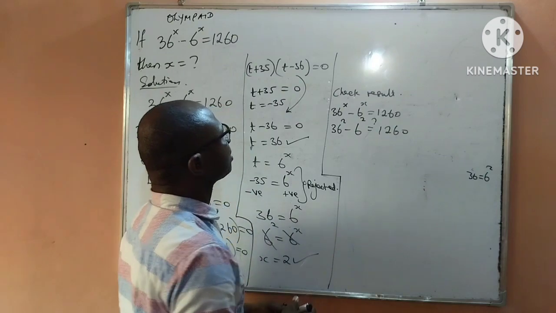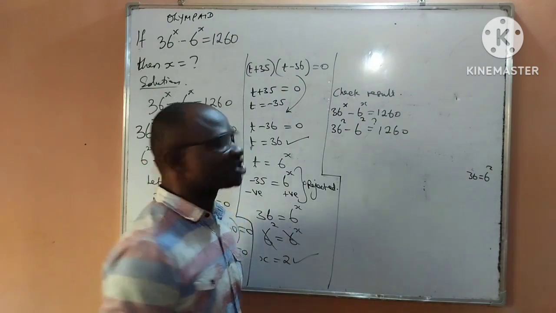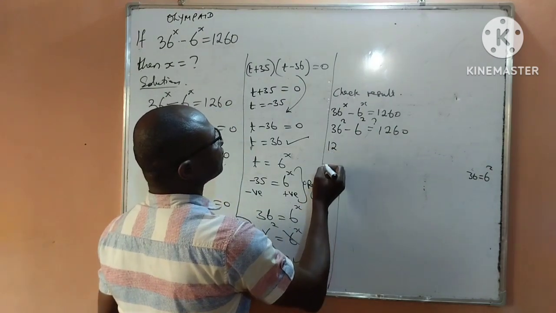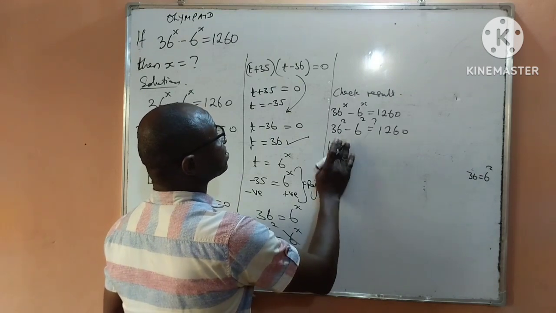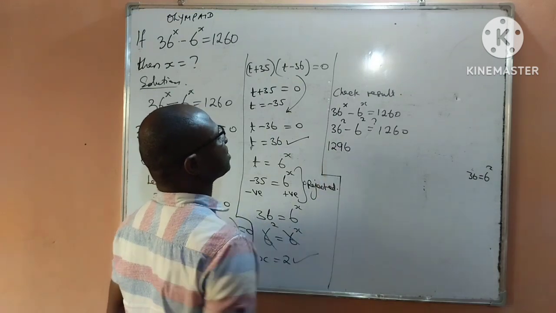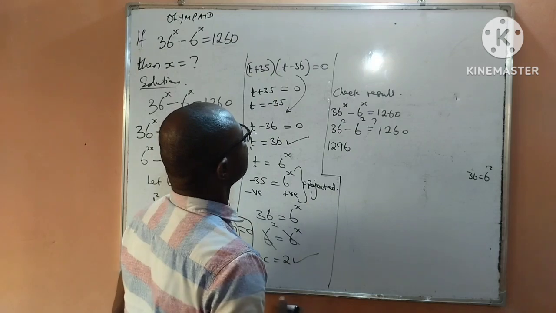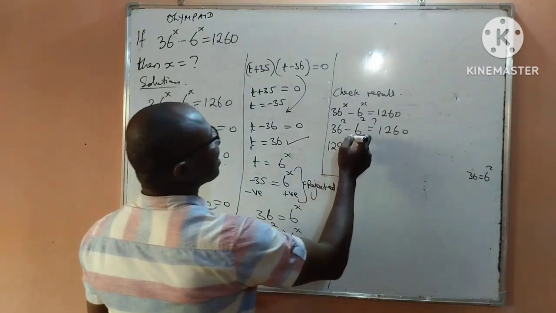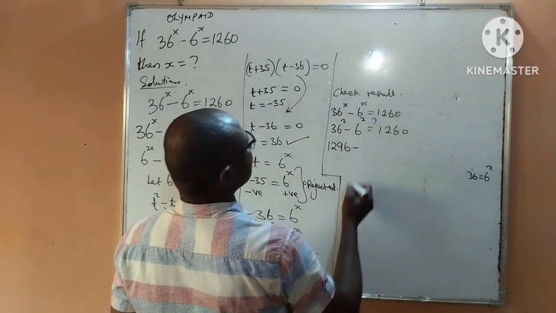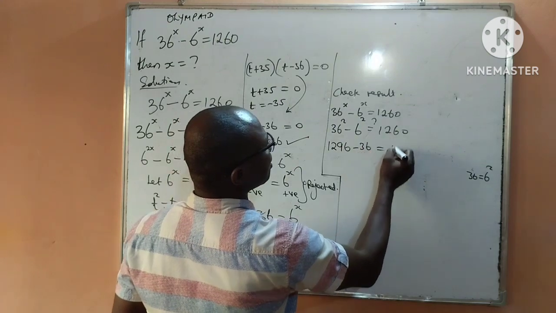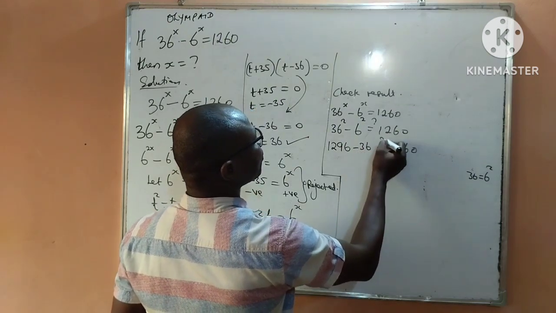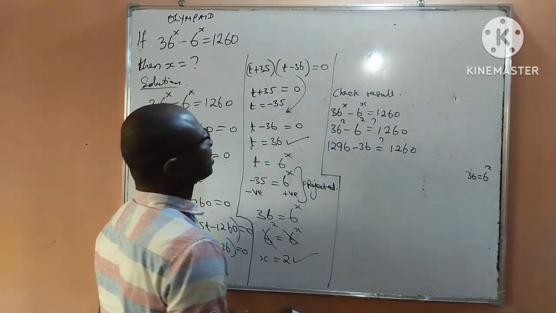Finding out this, 36 squared is 36 times 36, which will give us 1296 because 6 times 6 is 36. And 6 squared is 36. Will this result to 1260?